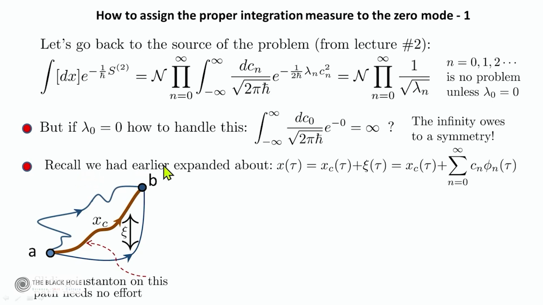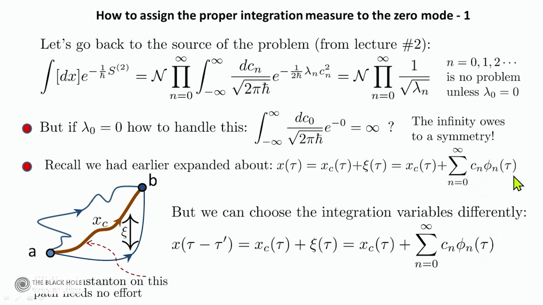So remember, earlier we had expanded around the classical path like this: classical path plus fluctuations. Now I am going to be a little more careful and say, hey, why don't I choose a slightly different way of doing the functional integration? I do an integration over x, but with the argument shifted slightly.